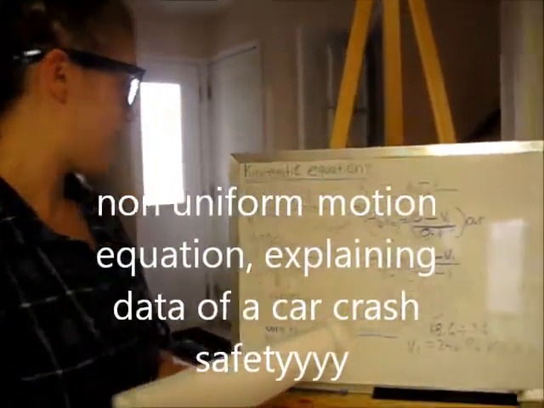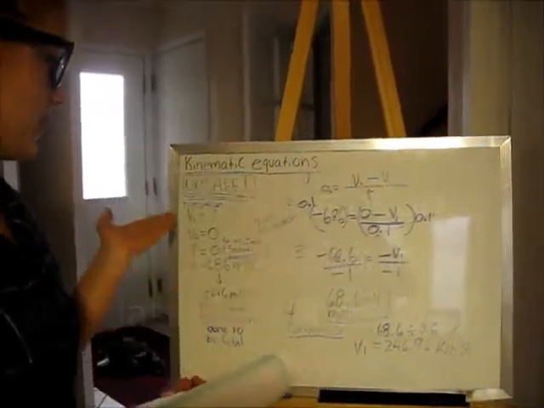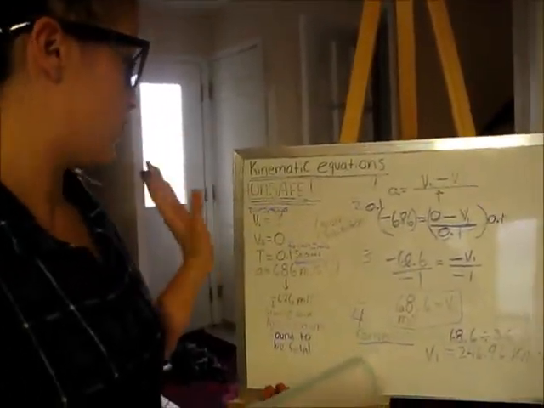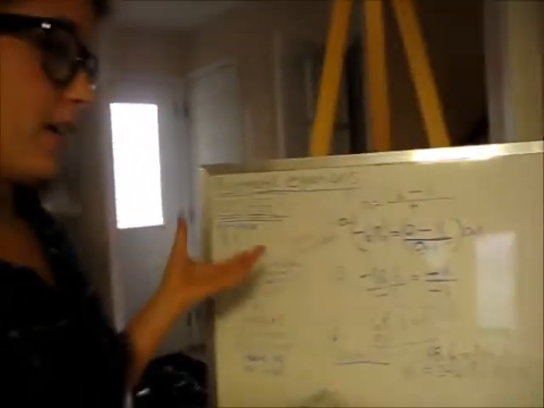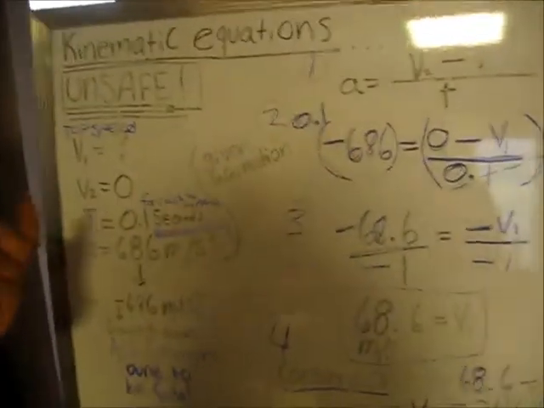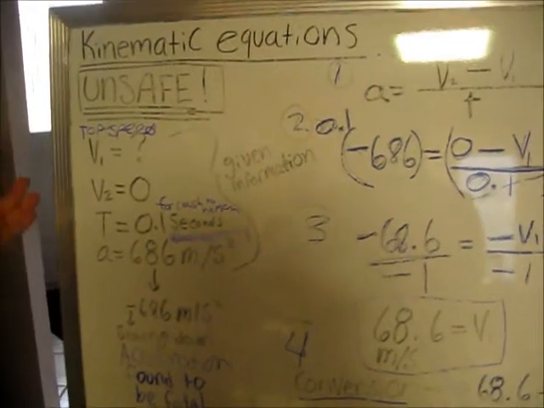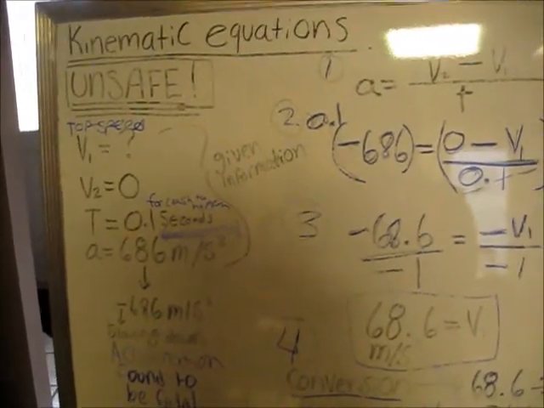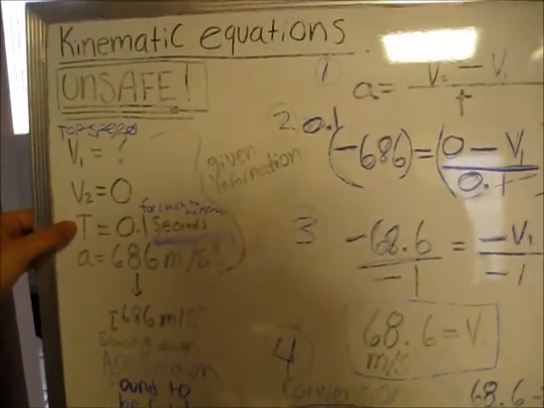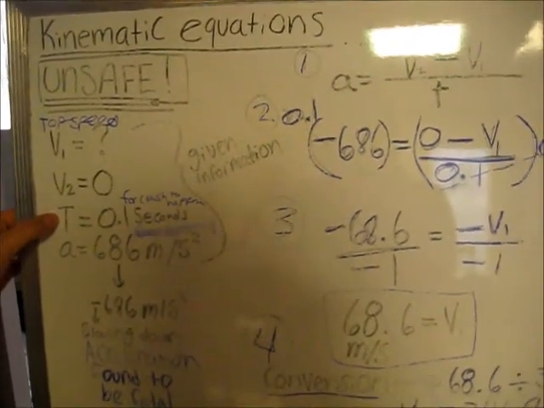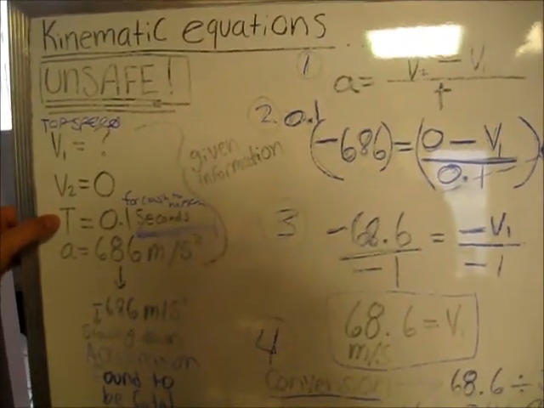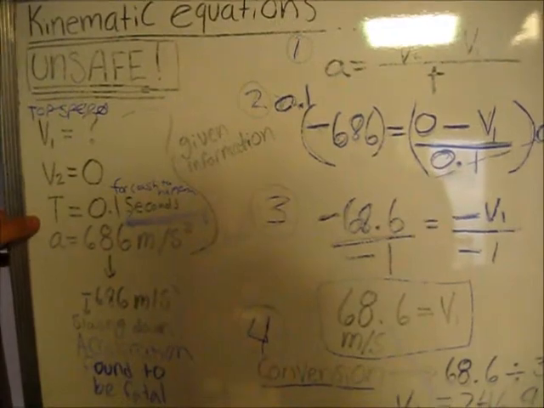So, for our kinematics equations, we have our givens. For V1, which is the initial speed, the top speed, we want to find that out, so we don't know what that is. V2 is 0 because when a car crashes, there is no movement at the end. Our T is 0.1 seconds because it takes 0.1 seconds for the crash to happen.